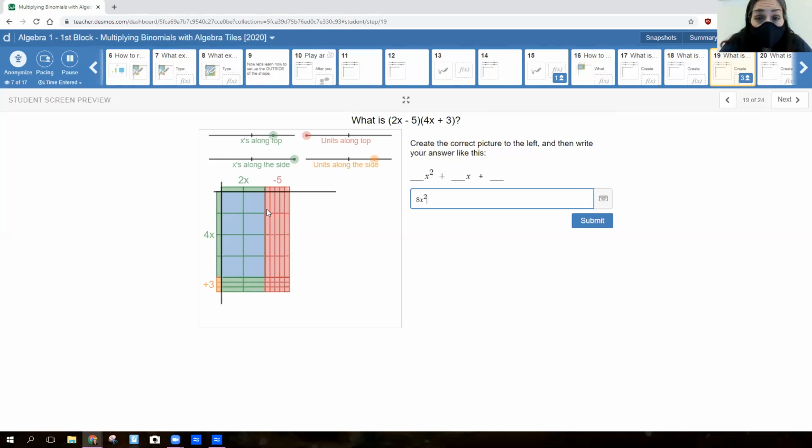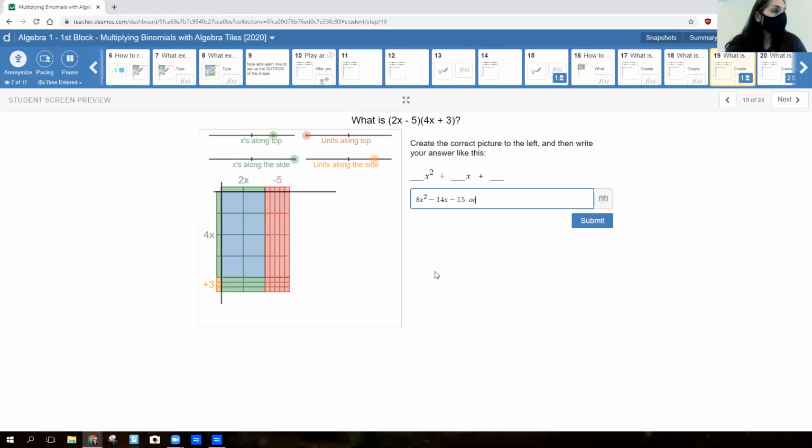So 14 red ones are left over. That means you're going to have minus 14x. And then all these little red units are negative numbers. So there will be 1, 2, 3, 4, 5, 6, 7, 8, 9, 10, 11, 12, 13, 14, 15. And it'll be minus 15 because there's 15 of them and they're all red. The only thing that was a little tricky with this one was you had red and green x values.